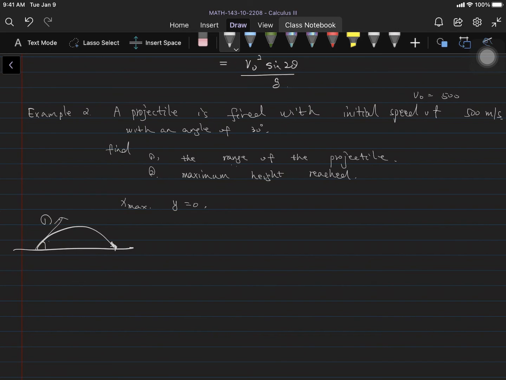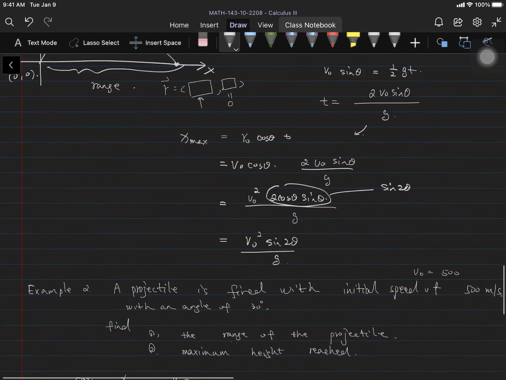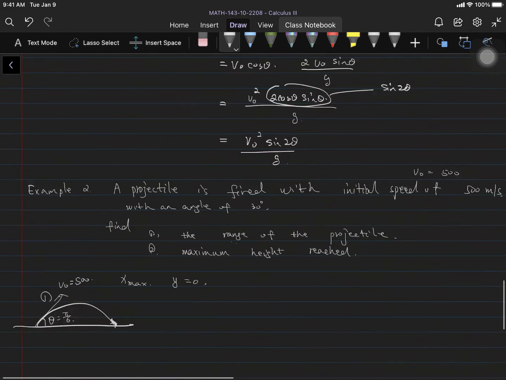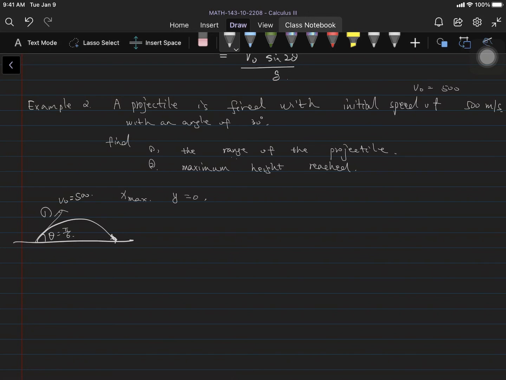The angle theta here is 30 degrees, and v0 is 500. We make y equal to 0. So what is y? y should be v0 sin theta t minus 1/2 g t squared, and this equals 0.